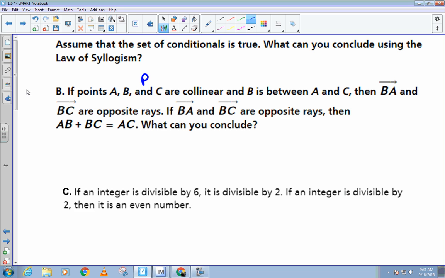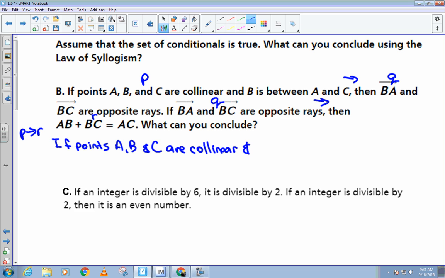So this is my if P, then Q, then I repeat, if Q, then R, and so then I put P and R together. So that thing in the middle drops out.